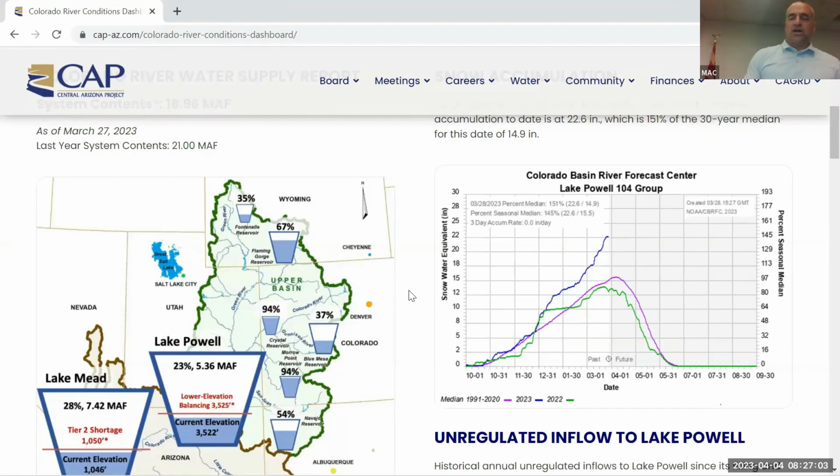And what we like to do is watch what's called the SWE, the snow water equivalent. Snow water equivalent is just, if you took the snowpack and melted it down, how much water would you get out of it? How many inches of water would you get?